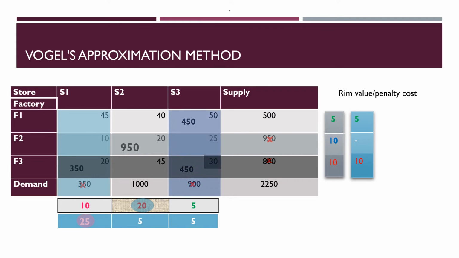Now all the demand conditions and supply conditions of these factories are satisfied. Now row wise, you can see from factory 1 we have supplied 50 units to S2, 450 to S3. Altogether it represents 500 units.